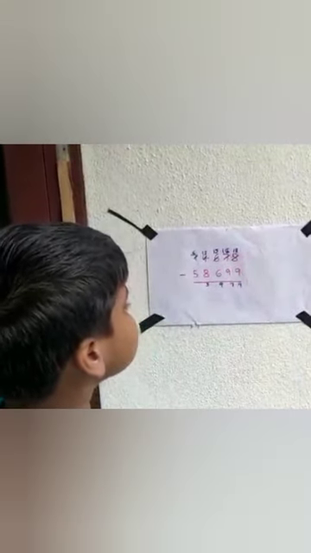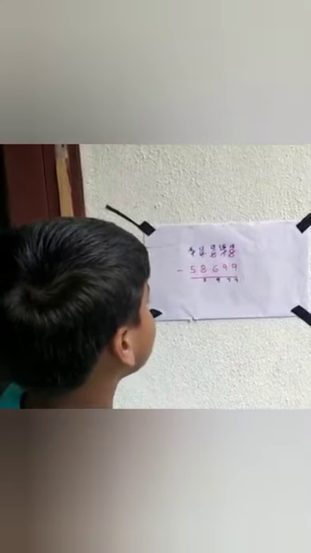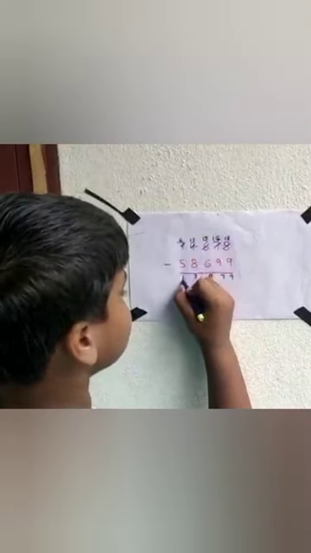We can subtract 6 minus 5. 6 minus 5 is 1.